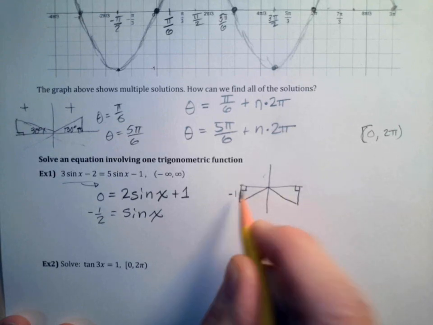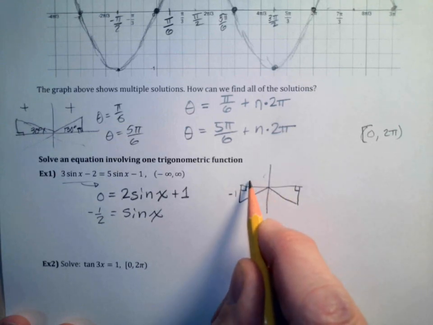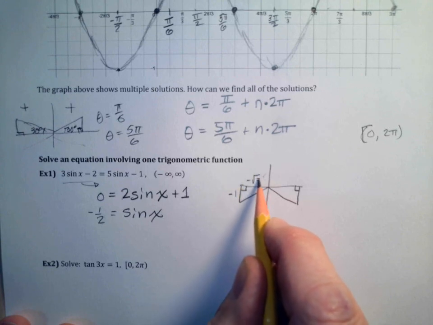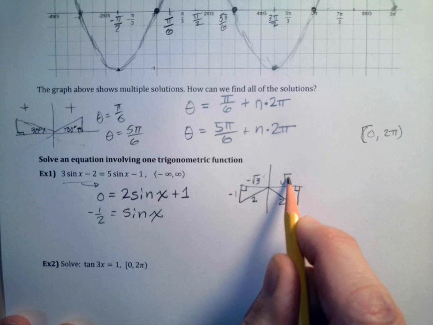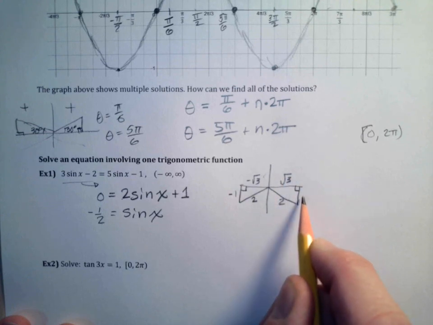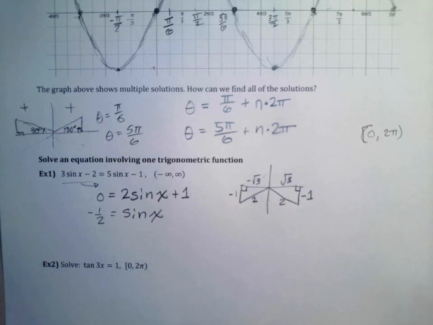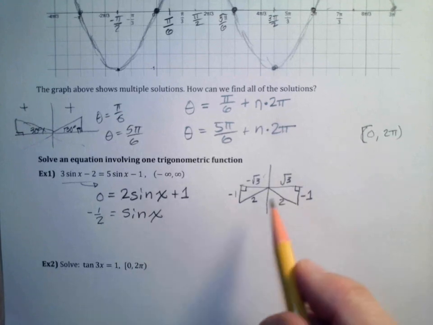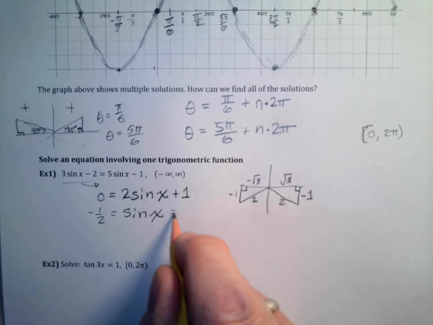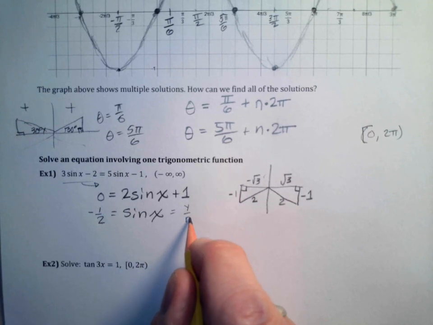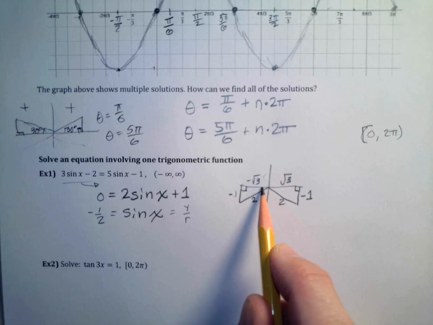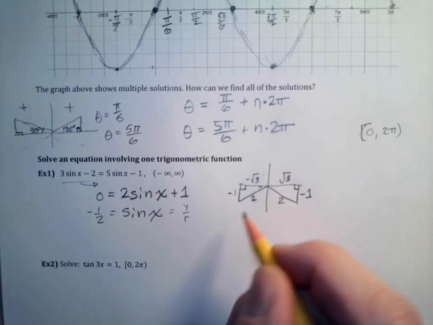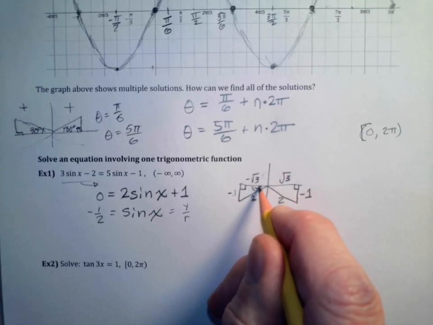So we have negative square root of 3 and negative 1, and we have positive square root of 3 and negative 1, if we want to label the sides, right? So where is this happening? Well, remember that the sine is y over r, and so we're talking about negative 1 over 2. So the reference angle here is 30 degrees, or pi over 6.